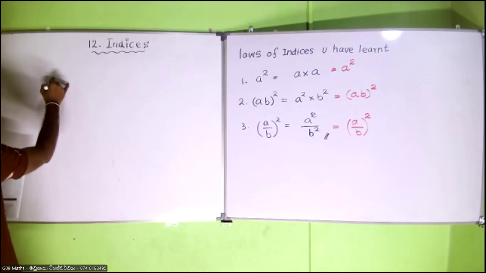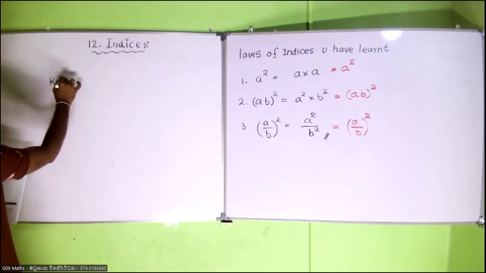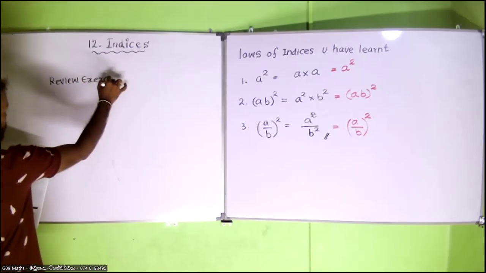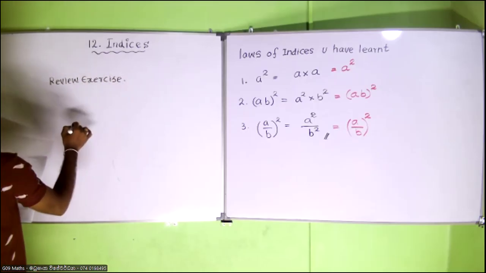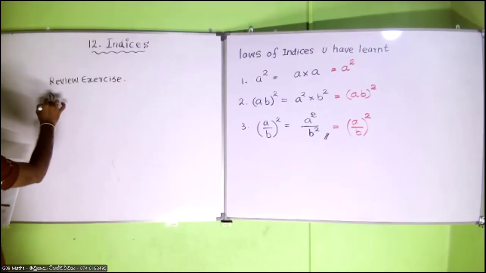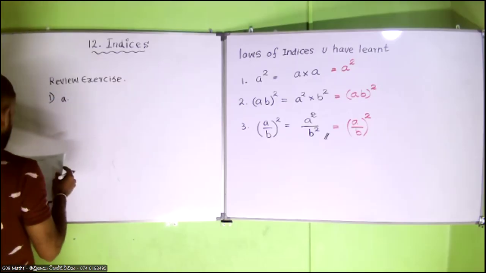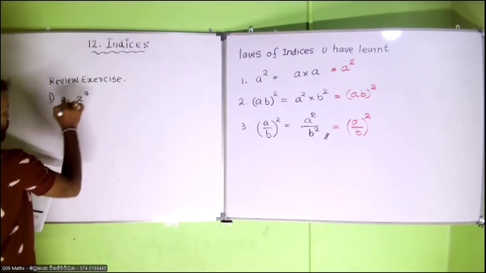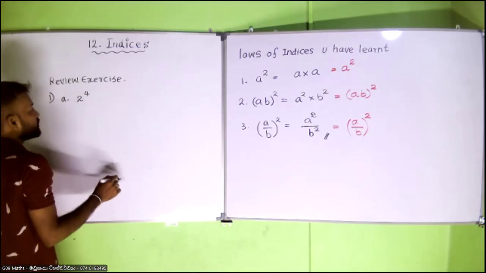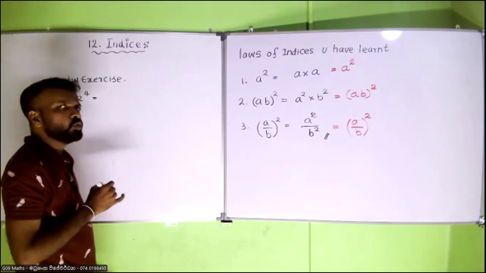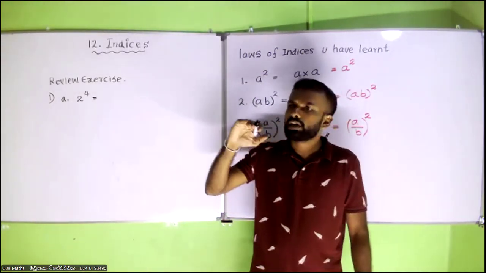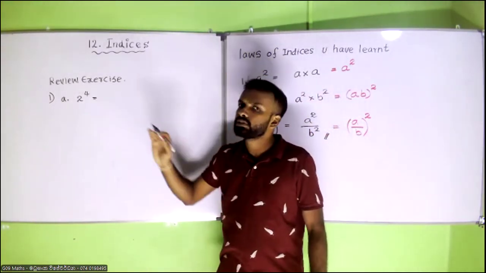Now focus on the board. Review exercise, question number 1, part A: 2 to the power 4. So how are we going to evaluate this? Not just expand. They are telling you to get the final answer for this one.